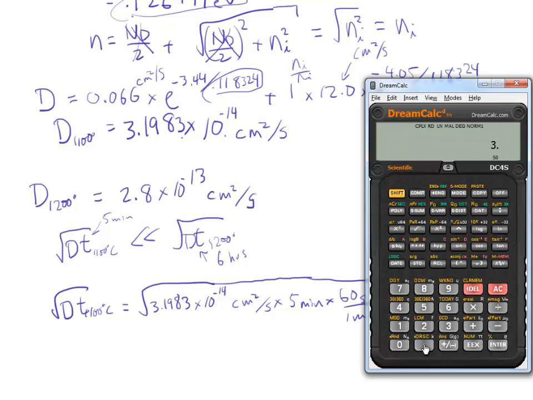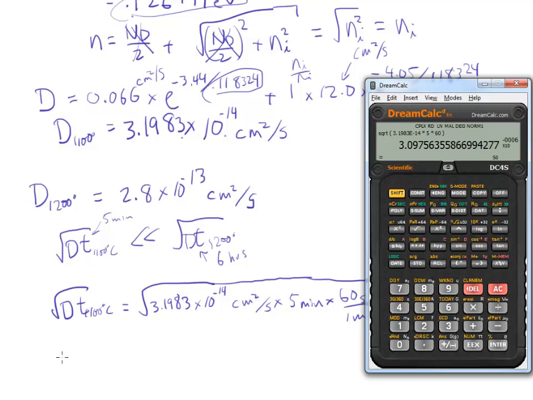I have to do square root first, parentheses, 3.1983 e to the minus 14 times 5 times 60, close parentheses, enter. I'm going to write this down: 3.09 times 10 to the minus 6.